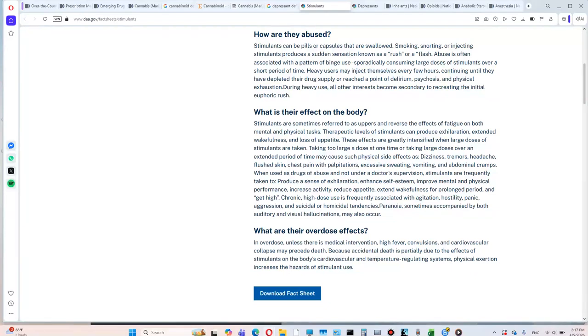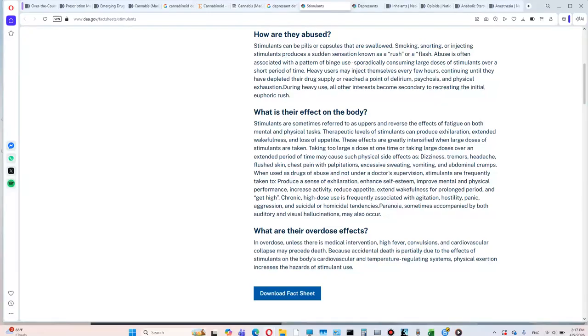When used as drugs of abuse and not under a doctor's supervision, stimulants are frequently taken to produce a sense of exhilaration, enhance self-esteem, improve mental and physical performance, increase activity, reduce appetite, extend wakefulness for a prolonged period, and "get high."